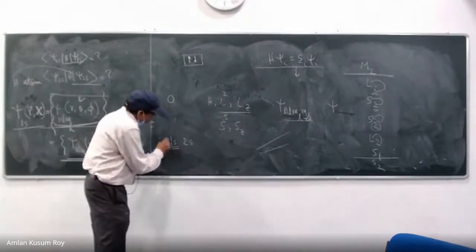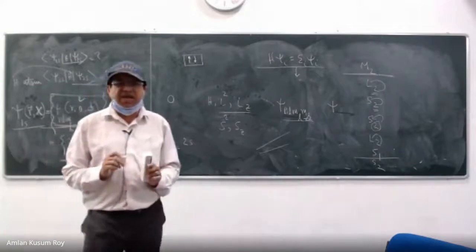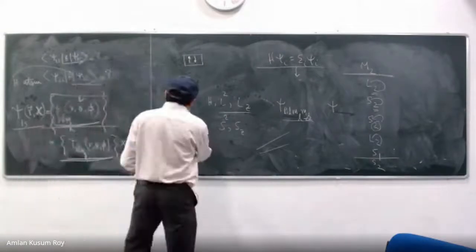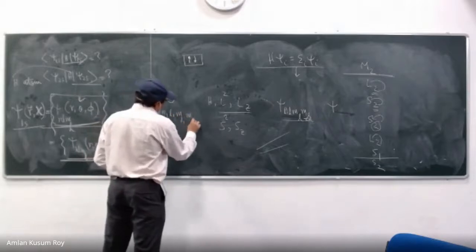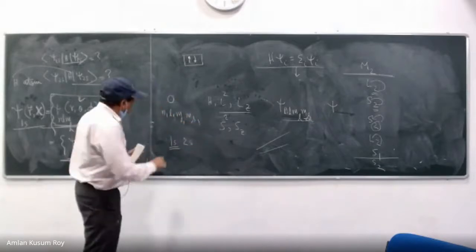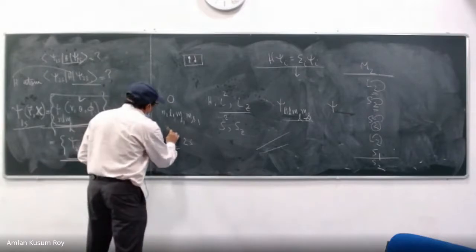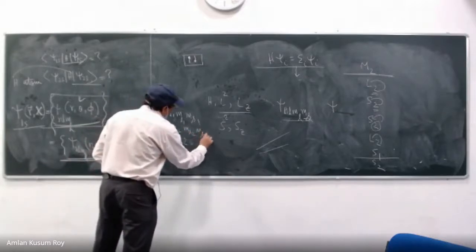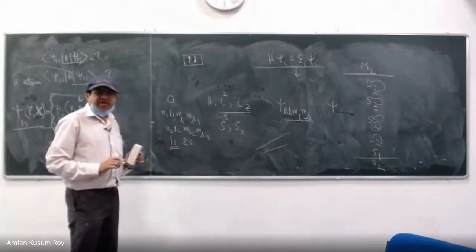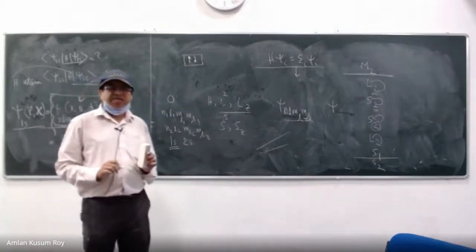This electron has 4 quantum numbers, n, l, so I can write n1, l1, ml1, ms1. And for this electron I can write n2, l2, ml2, ms2. You see that?